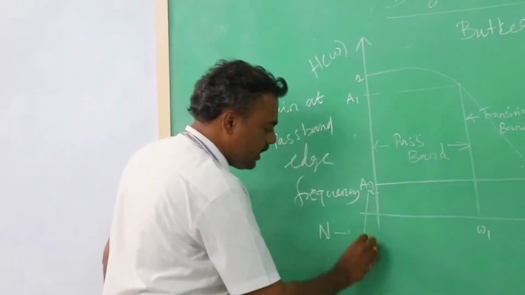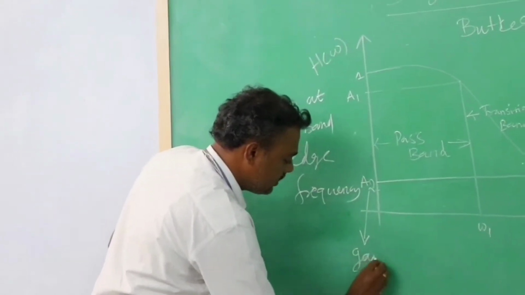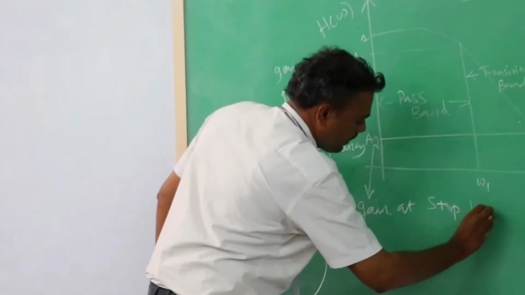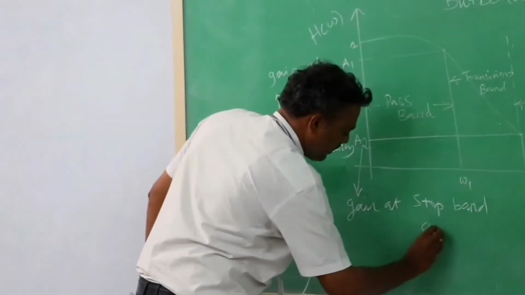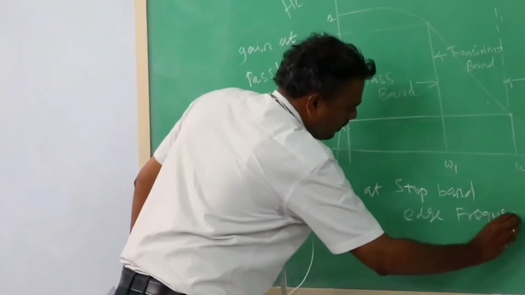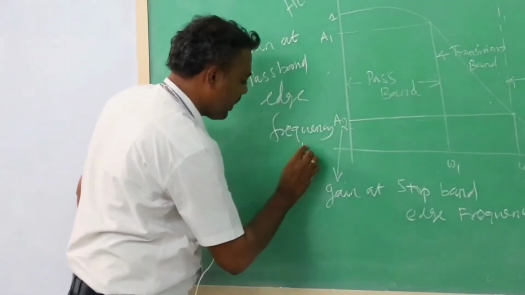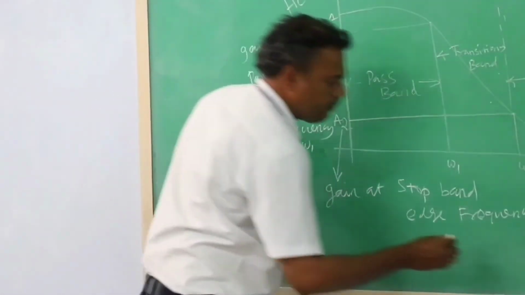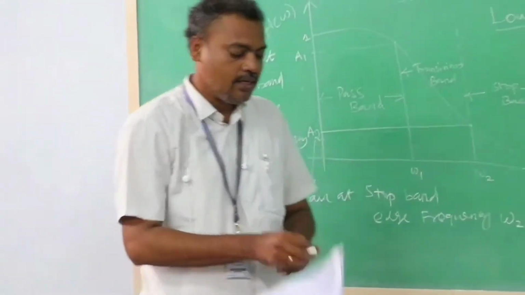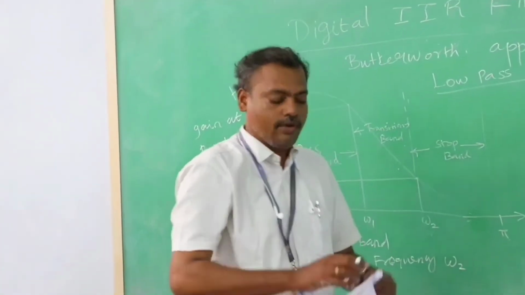The other one is called A2, the gain at the stop band edge frequency. The edge frequencies are called omega 1 for the passband and omega 2 for the stop band. These four parameters are very important for the design of a filter.